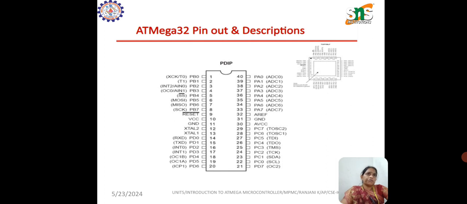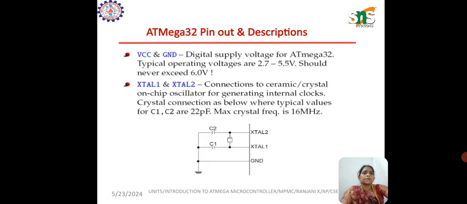So the microcontroller supports the signals except 5 pins. Here there are 40 pins, and let us see in detail. VCC and ground are for supply of voltage, and XTAL1 and XTAL2 are for clock generation.